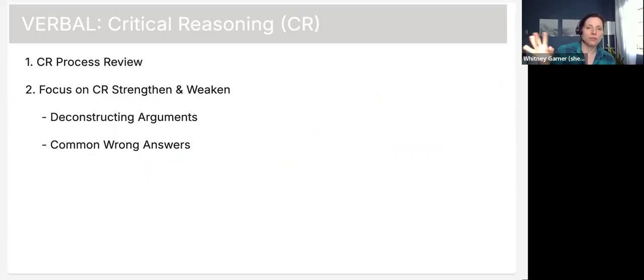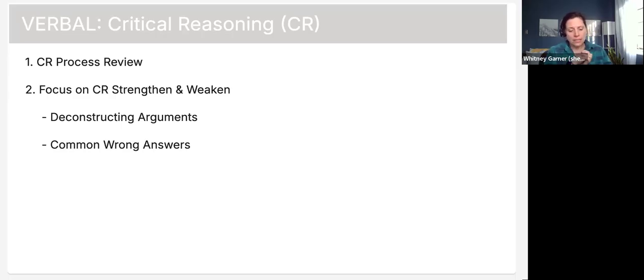And then if you'd like a little bit more in depth, you can check out the first part of that series, but we'll talk about it briefly and how it applies to this question type this evening. Then we'll focus in on the strengthen and weaken question types. We are almost done with our critical reasoning family of questions. We will talk about how to deconstruct arguments. We did a lot of that last time in assumptions, and we will talk about common trap or wrong answers.